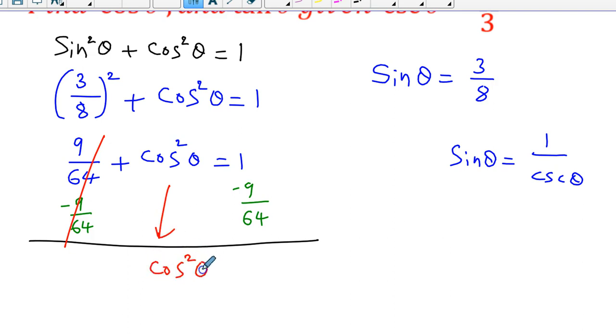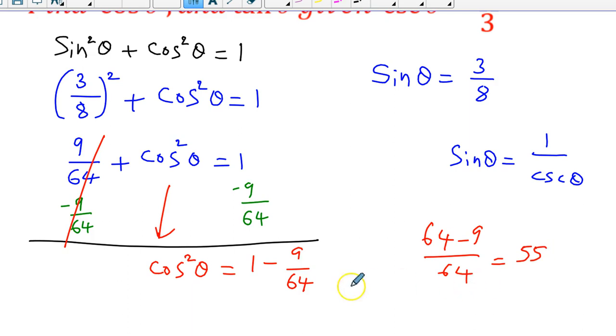Bring down cosine square theta is equal to 1 minus 9/64. So what is this subtraction? What is 1 minus 9/64? That is 64 minus 9 over 64. That gives you 55/64.